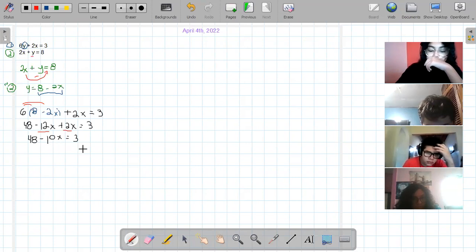Now I need to leave the variable completely alone and positive on one side, because that's best. So I can flip it over and pass this negative 10x to this side positive, and this 3 to the other side negative, all at the same time.